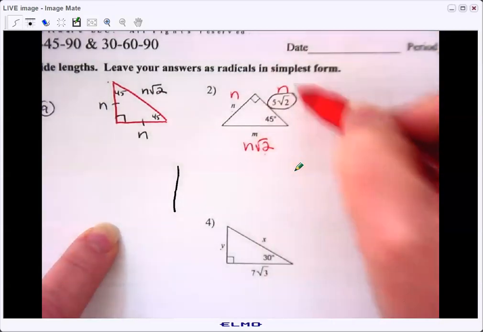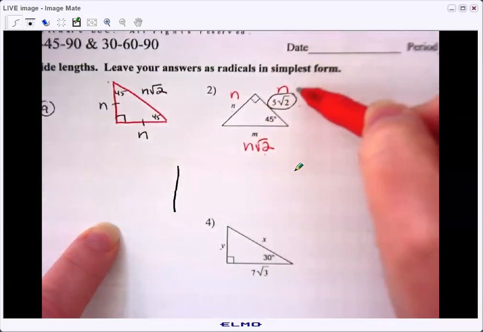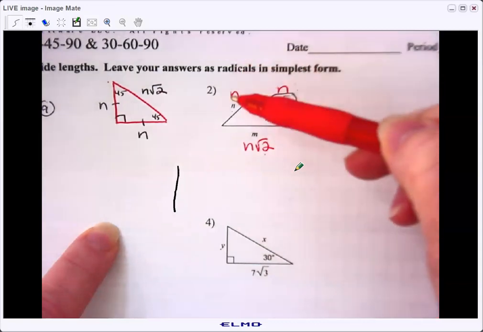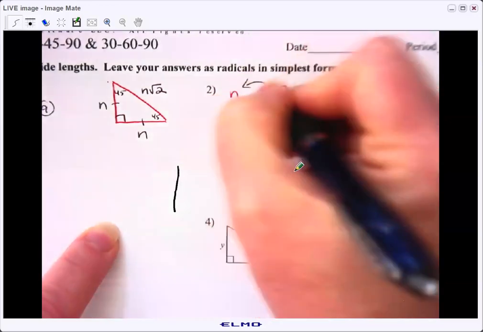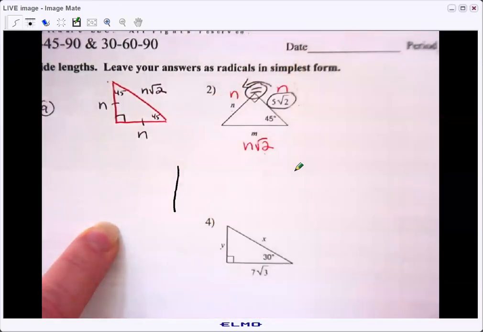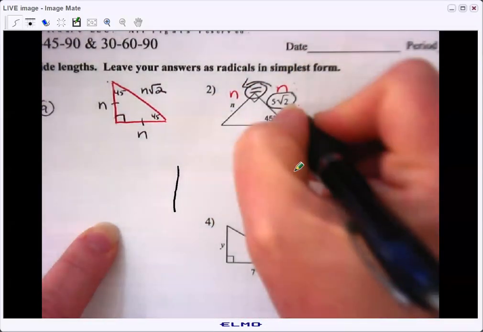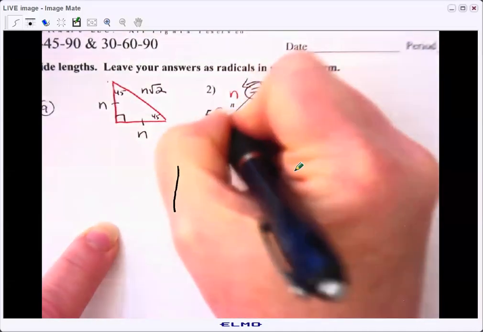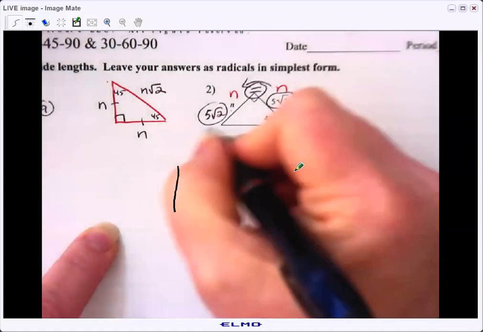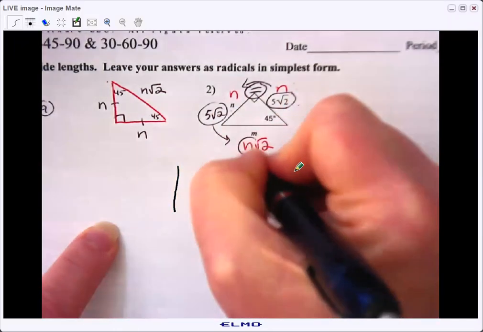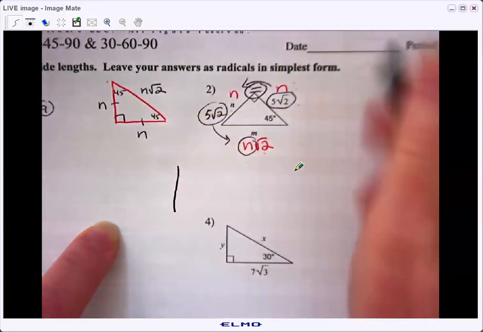So this being n, wherever I see an n, I'm going to put it on the other side. So these are going to be equal. These are always equal. So this is 5 root 2, this is 5 root 2. Done. To find n, we're going to substitute it right there.